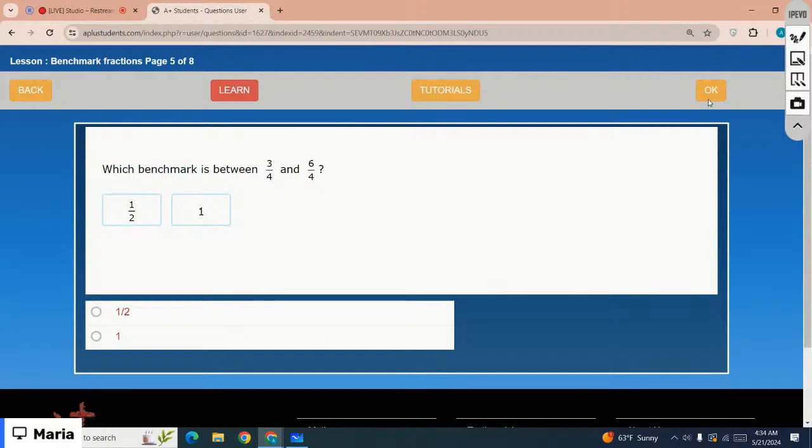Which benchmark is between 3 by 4 and 6 by 4? The correct option is 1.